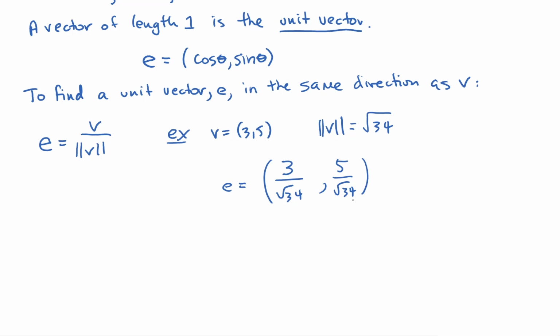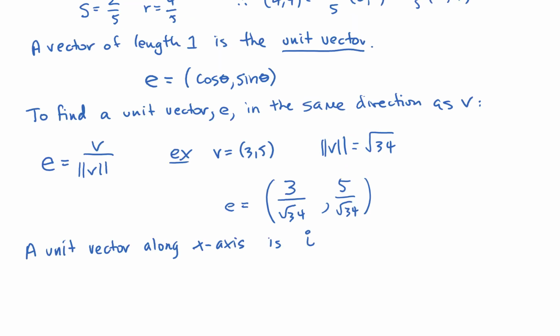So you apply a scalar to it and shrink your vector. A unit vector that is directly along the x-axis is denoted by just the letter i. And of course it is unit length 1, so it will end at 1, 0. And if you want to have one that goes along the y-axis, we call that j. And of course it starts at the origin, it will be 0, 1.